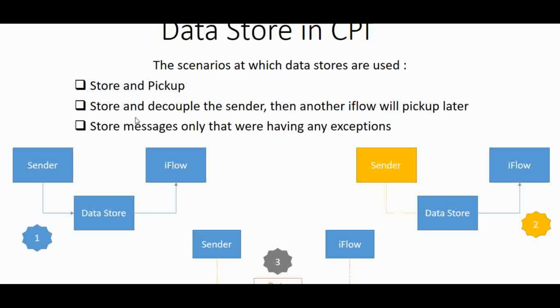Second one is store and decouple the sender, and another iFlow will pick up later and process it. The third scenario would be: you will process the incoming messages, and if any message has an error, then only those exceptions will be stored in the data store, and later another iFlow will reprocess the error items. So these are the three scenarios in which we will be using a data store.